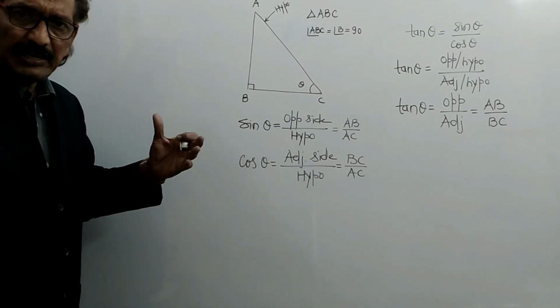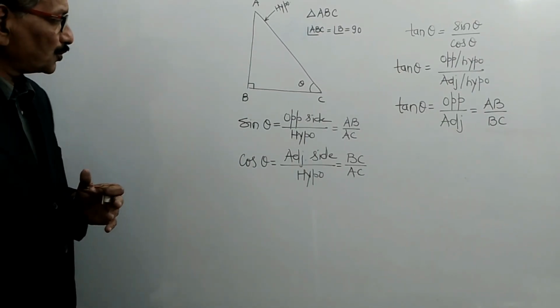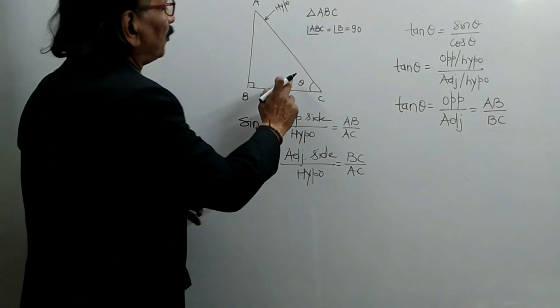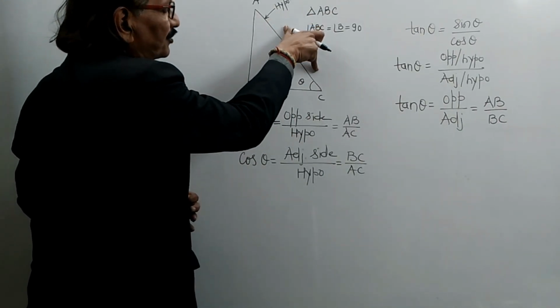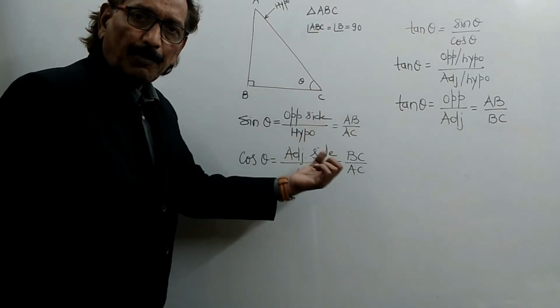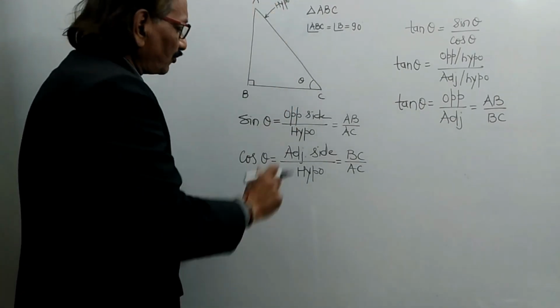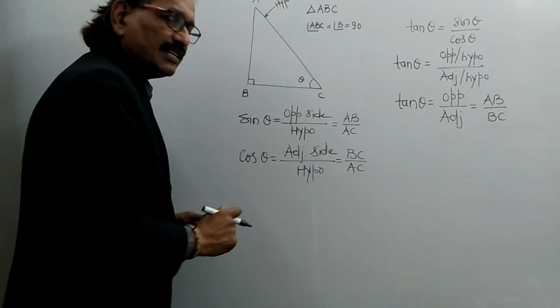Friends, we are going to see the very basic trigonometric ratios. Sin theta is equal to opposite upon hypotenuse. The opposite side for theta angle is AB and the hypotenuse is AC. So we have written AB upon AC. Cos theta, adjacent upon hypotenuse. The adjacent side here is BC and the hypotenuse is AC.